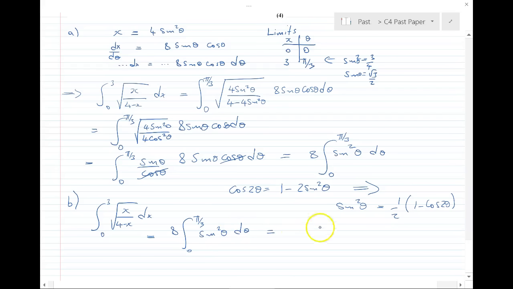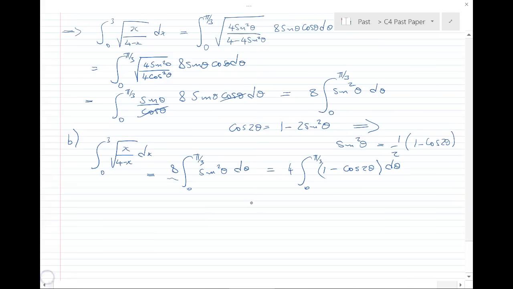And now that's equal to, now we've got half of these, so we might as well just half the 8 there. So we get 4 times the integral from pi by 3 to 0 of 1 minus cos 2 theta d theta.